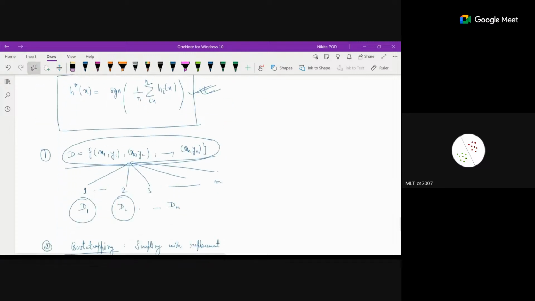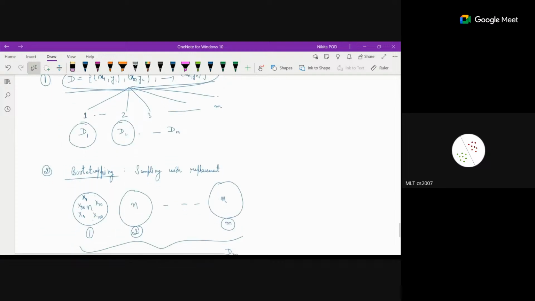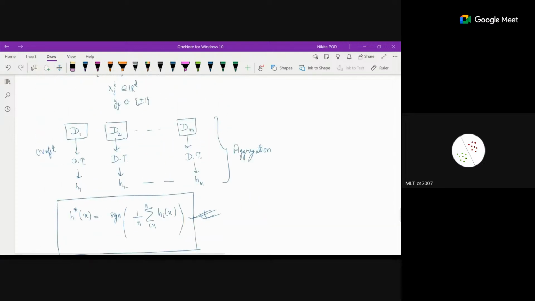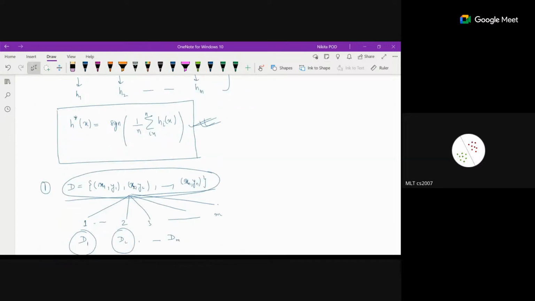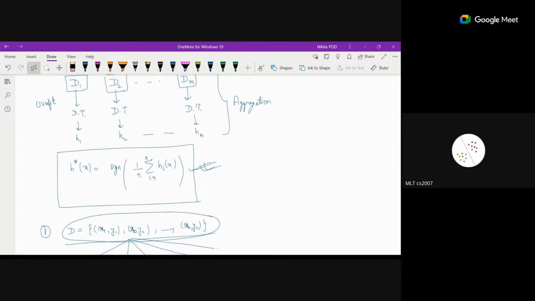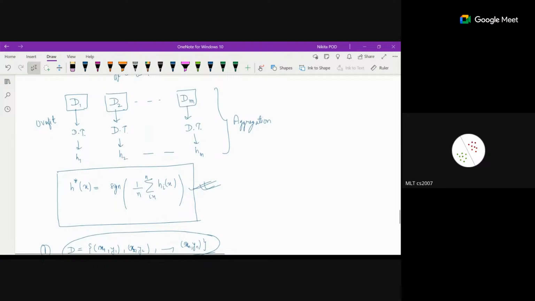So my first step was bootstrapping. This is where we were doing bootstrapping. And the second step was we were doing aggregation. So what we said is that using this bagging technique, we are able to come up with a classifier which has comparatively lower variance, right?